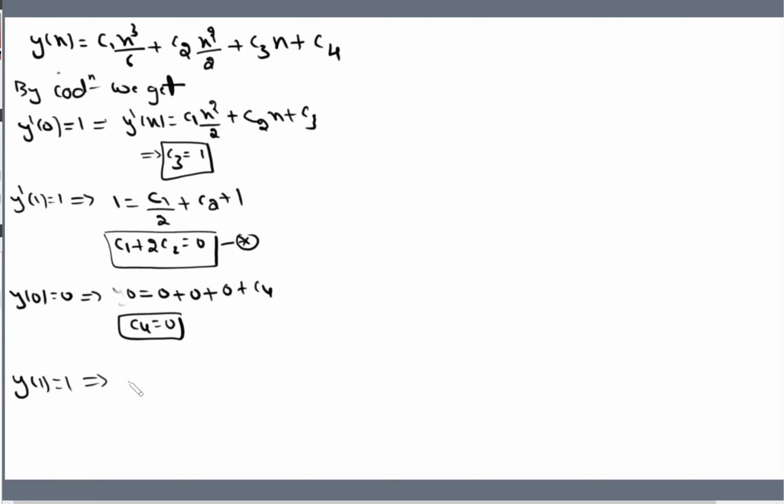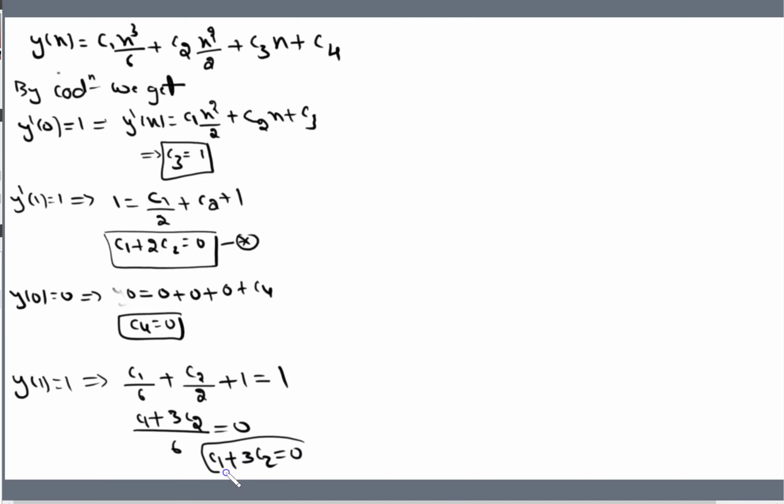From this it implies that c1 by 6 plus c2 divided by 2 plus 1 is equal to 1. It implies c1 plus 3 times c2 divided by 6 is equal to 0, and we get c1 plus 3 times c2 is 0.